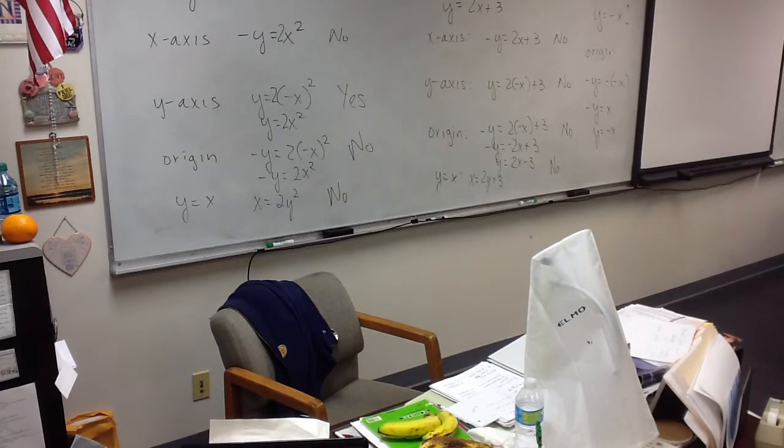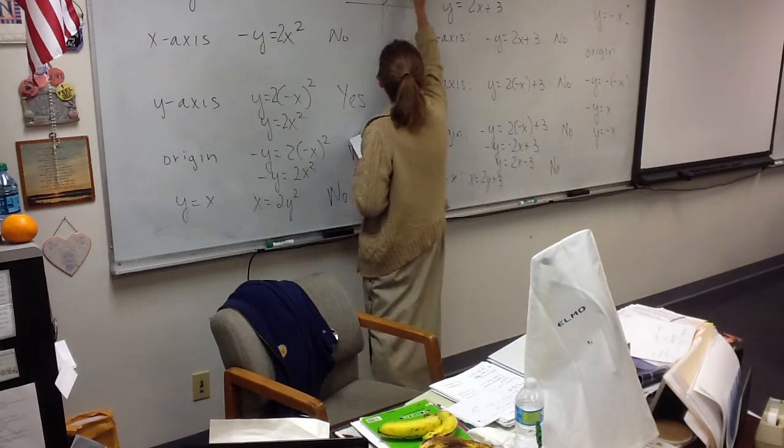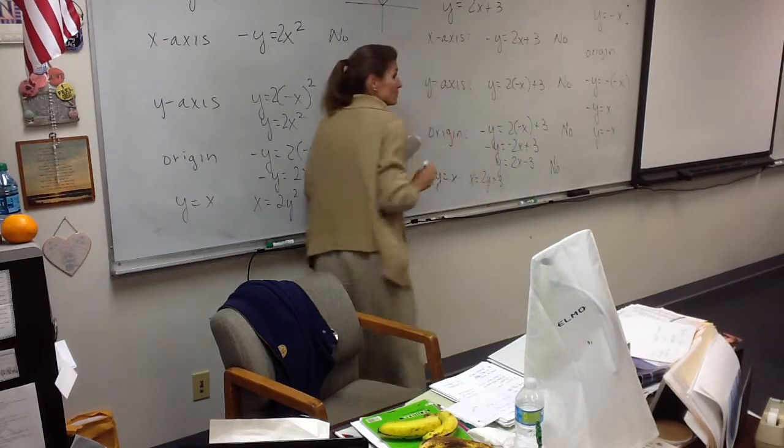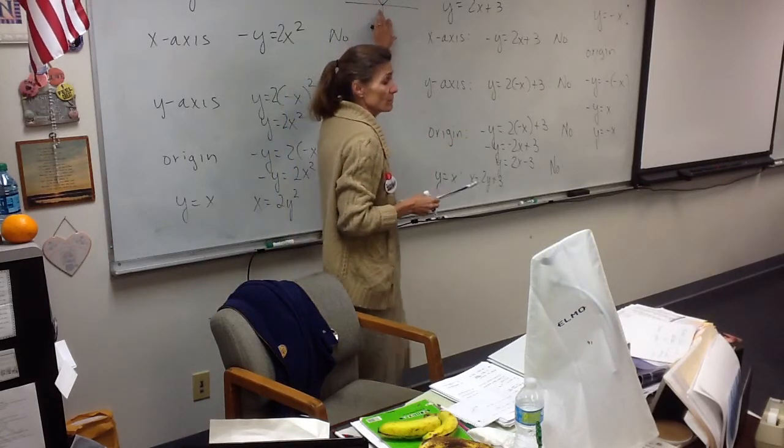Now, how do I know those? I memorized them, right? Put them on flashcards if you need to. Get them memorized. Okay, number 2. List the domain and range of the absolute value function. Now, I actually set up a grid for you because I think if you look at the picture, it's easier for you to tell. What's the domain? All reals.